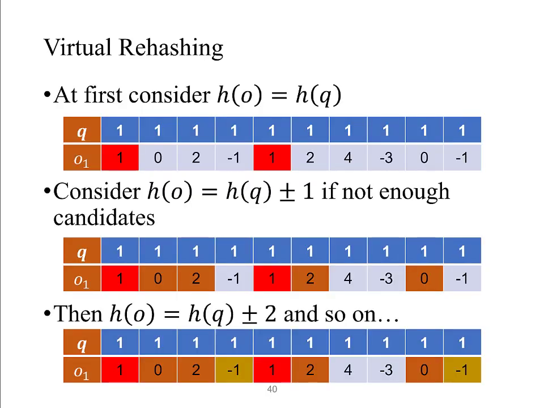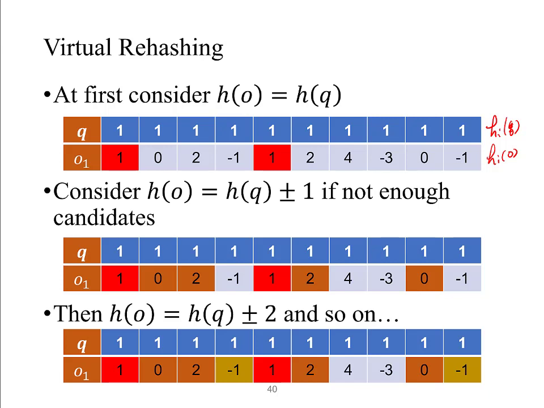Now let's give an example. At first, we consider h1 equals to hq, where these are 10 different hash values. These are HIQ and these are HIO. We have hash values of Q and O1 for different hash functions.